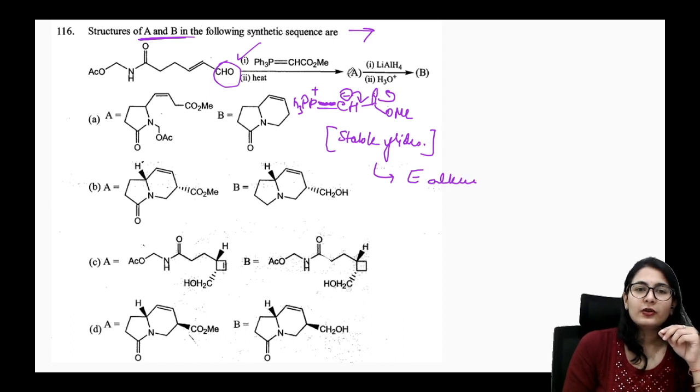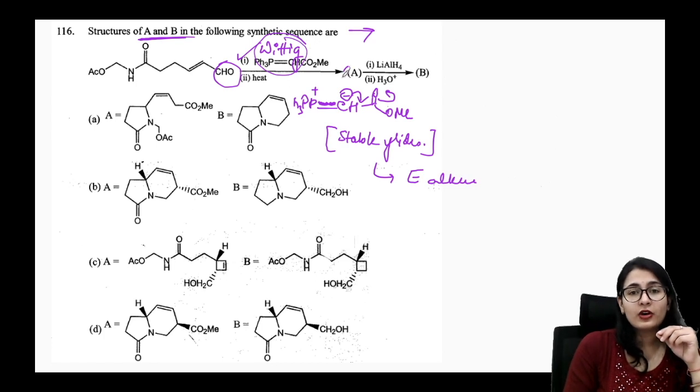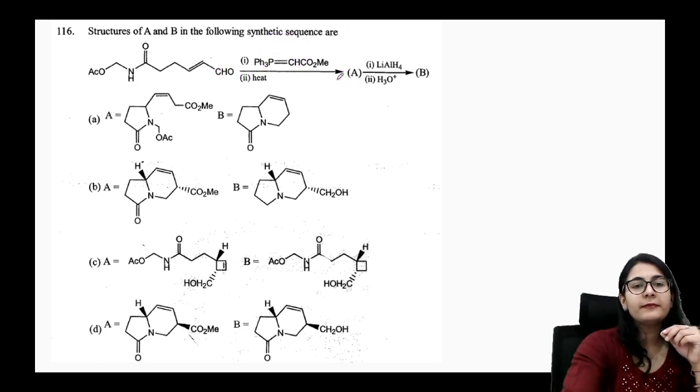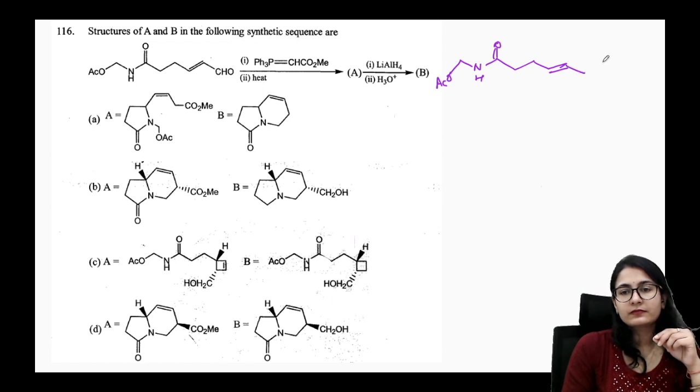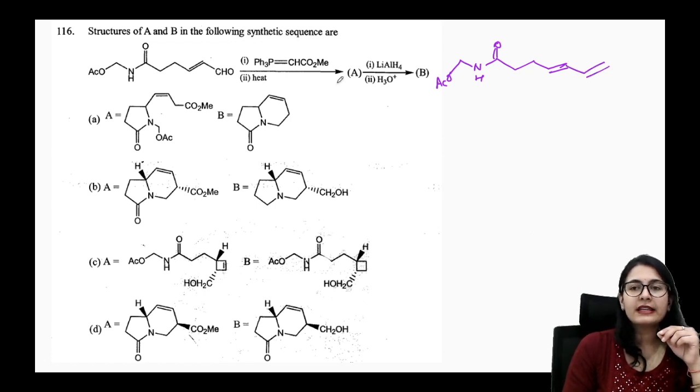So this first reaction is the Wittig reaction. Very, very simple. Let's try to draw the product A for it. The Wittig reaction is going to give you an E alkene. So the alkene was already present over here next to the CHO group.